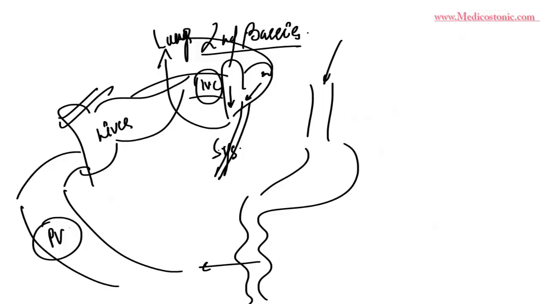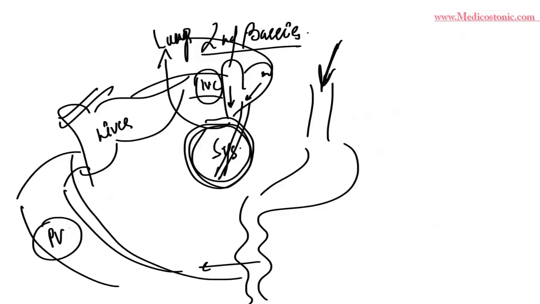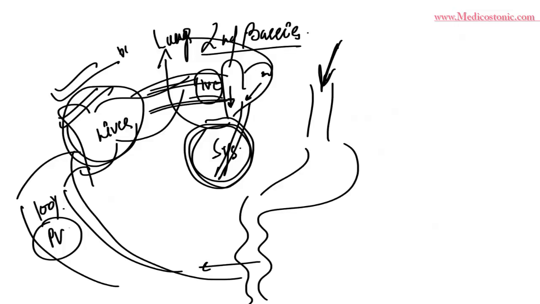So we can say that to reach the systemic circulation, this oral drug which we have taken through oral administration has to undergo first pass metabolism, which occurs in the liver. So in the liver there is degradation of the drugs. If the amount of drug in the portal vein is 100%, the amount of drug in the inferior vena cava is around 60%.